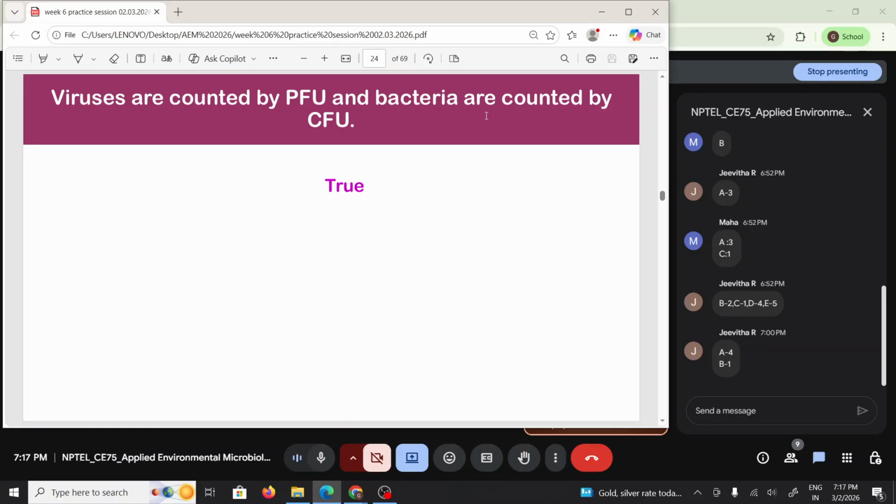But when we talk about viruses, the terminology associated with virus estimation is plaque forming units, abbreviated as PFU. PFU is the number of infectious virus particles present in a sample. We try to grow virus in a layer of host cells, because virus needs another cell for replication; it cannot replicate on its own.